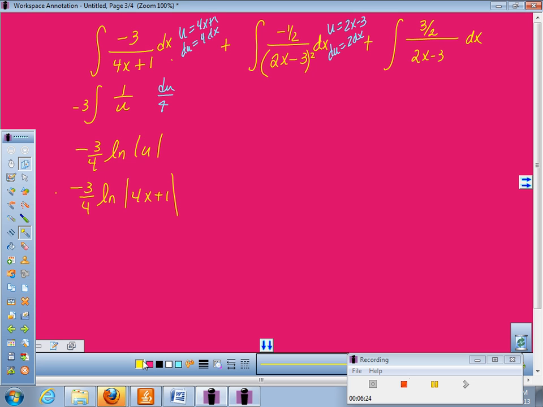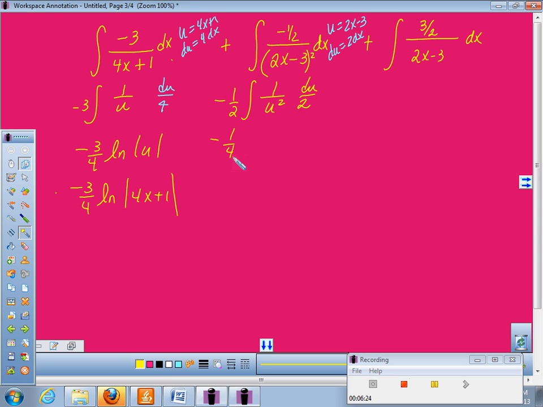So yep, it's going to be a 1/4, but you actually have to integrate. 1 over u squared isn't going to be natural log. You're going to have to bring that up as u to the negative 2. That one can actually integrate like normal power rule integration. Add 1 to the power, divide by the power.